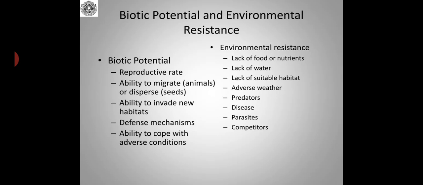Coming to environmental resistance: lack of food or nutrients, lack of water, lack of suitable habitat, adverse weather, predators, diseases, parasites, and competitors. This environmental resistance always influences the biotic potential. Ultimately we can conclude that the biotic potential of a population is entirely dependent on the environmental resistance, that is, the factors mentioned in this slide.